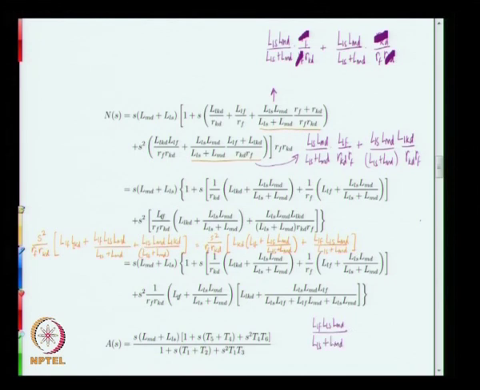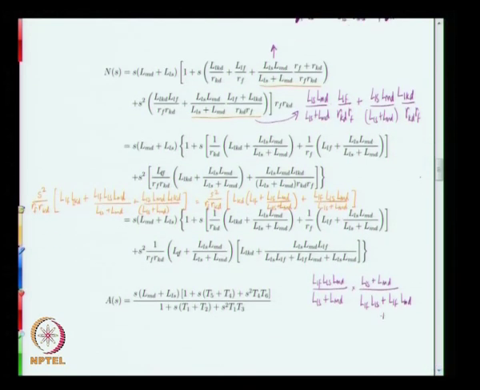Since we are taking out LLF plus LLS LMD by LLS plus LMD, we have to multiply it by LLS plus LMD divided by the numerator of this term, which is nothing but LLF LLS plus LLF LMD plus LLS LMD, and this cancels with this.